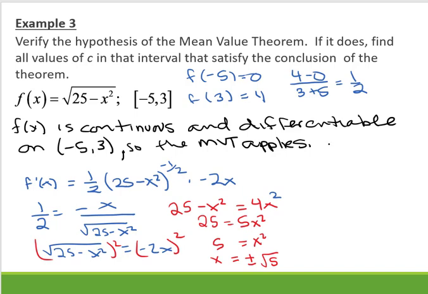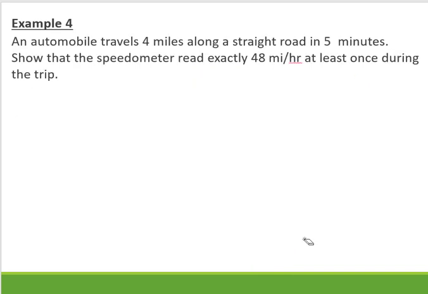Now example 4. And this is one of my favorite applications of the mean value theorem. We use the mean value theorem a lot in different applications. So an automobile travels 4 miles along a straight road in 5 minutes. Show that the speedometer read exactly 48 miles per hour at least once during the trip.